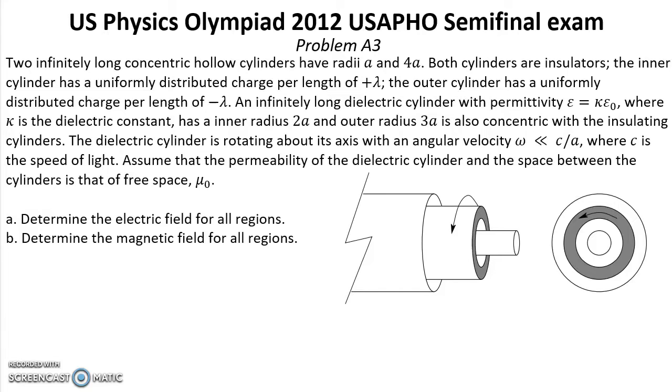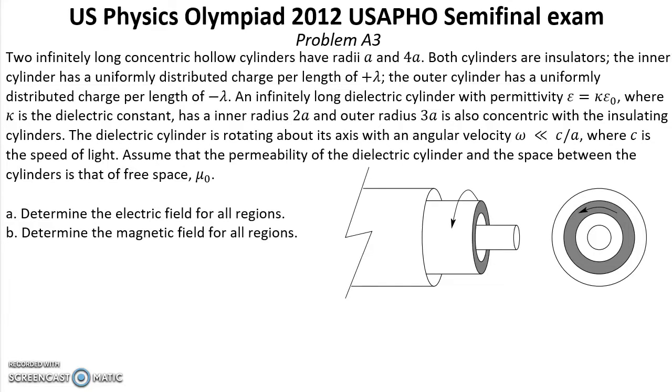Solution. Question A. For this question we can use the regular problem for an infinite wire with a uniformly distributed linear charge with a linear charge density lambda. We can construct a Gaussian cylinder with length L, concentric with this construction, with radius r.